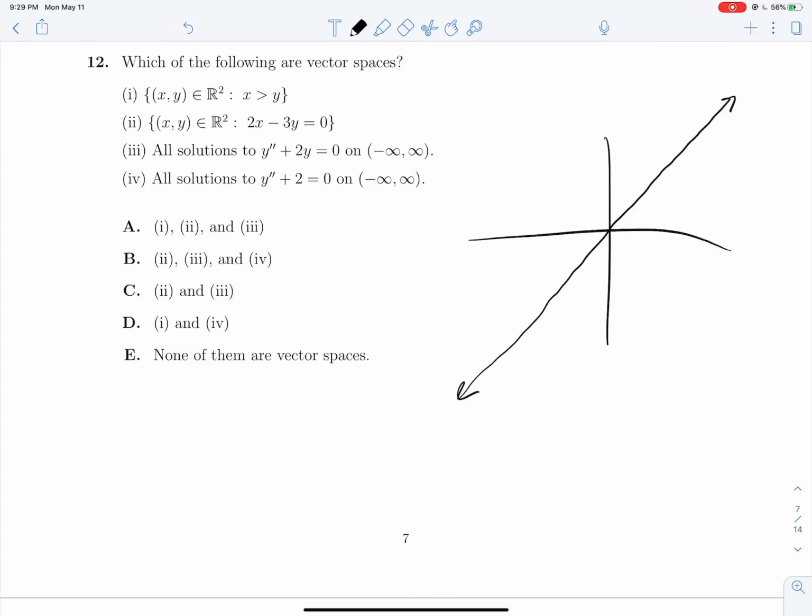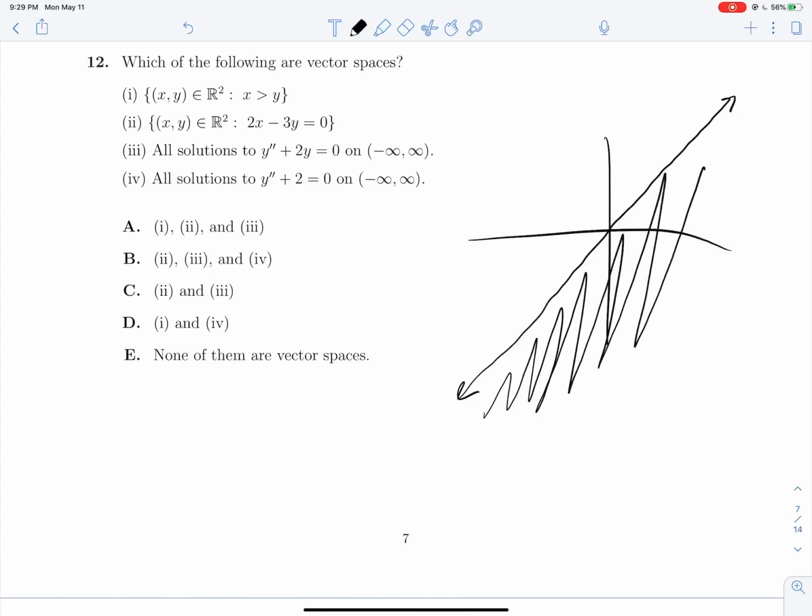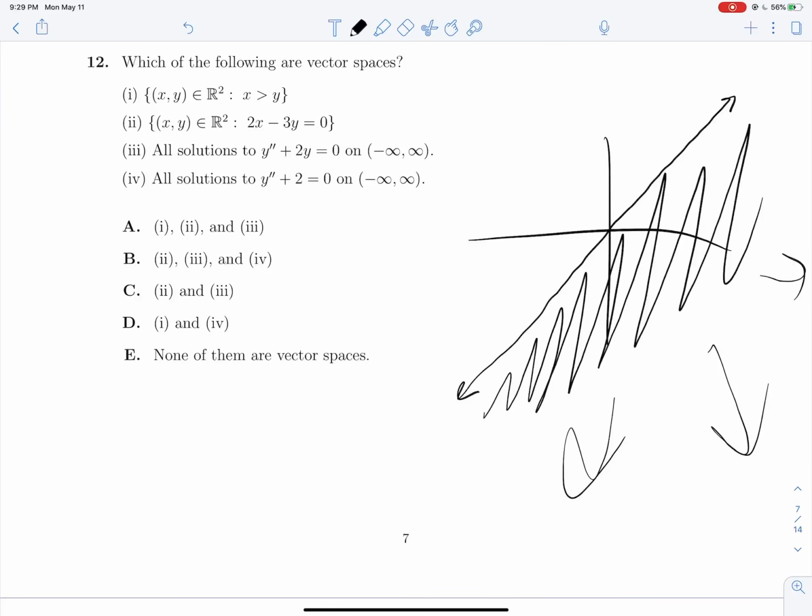So here's the line x equals y. Which side of this has all the values such that x is greater than y? Well, it's down here, right? If we take this point here, its x component is greater than its y component. But this set extends infinitely all the way down here, but it doesn't include this line itself, which is an issue right off the bat, and it can let us just completely throw this one out.